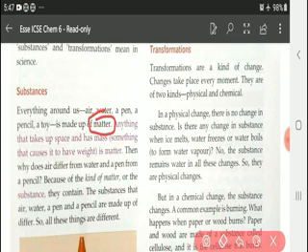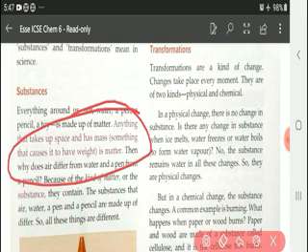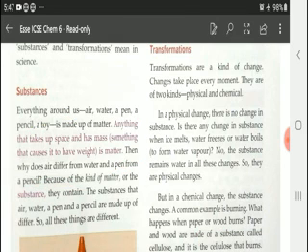So we will discuss now the definition of matter. The definition of matter is given here. Just please listen. Anything that takes up space and has mass is matter.